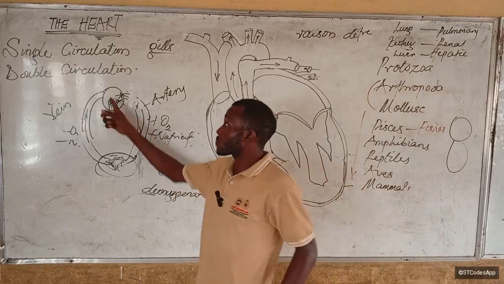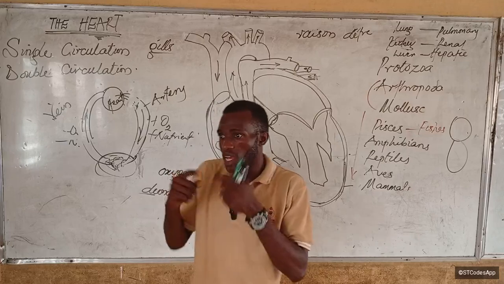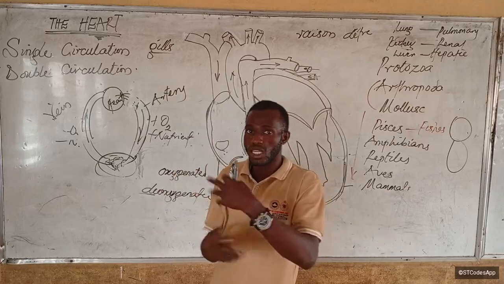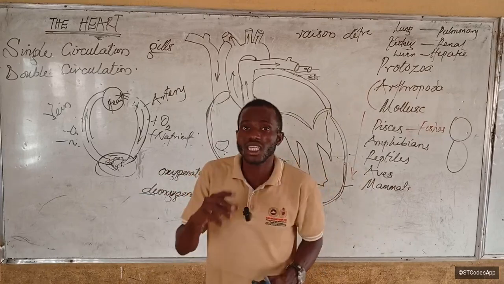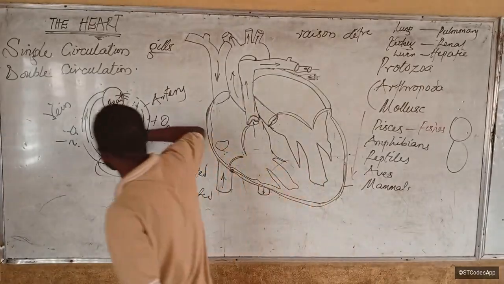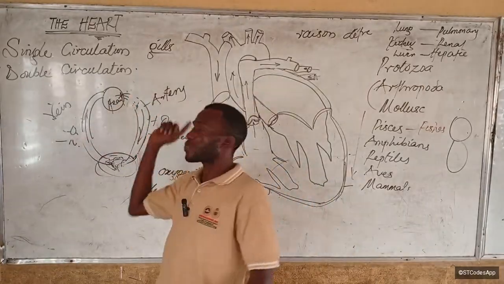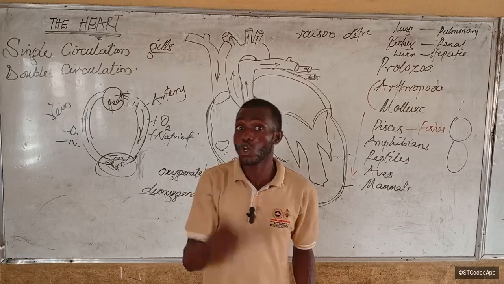So as it's flowing here, it was rushing here. By the time it gets into that tiny tube, because of the loop and the convolution of that capillary, the pressure reduces. So before it flows back to the heart, the pressure is lower. Is that okay?